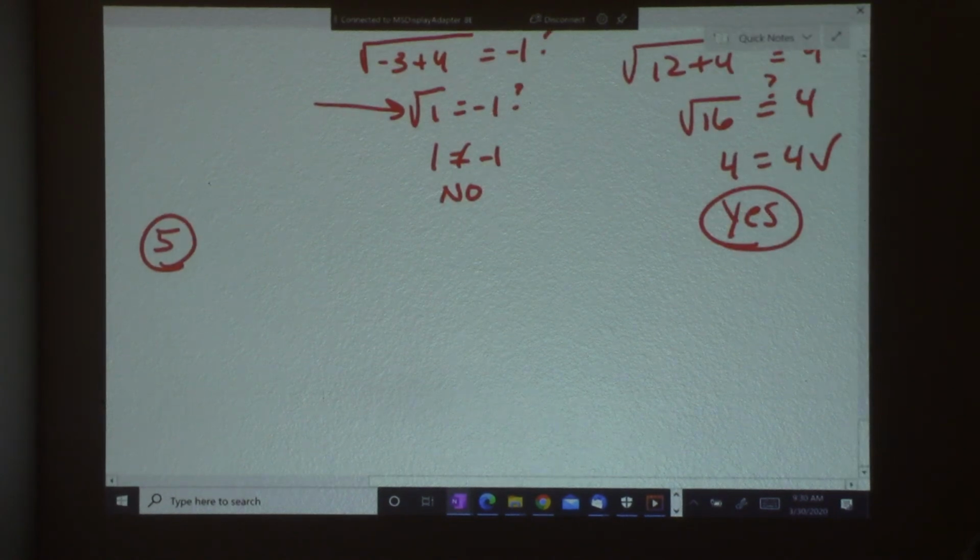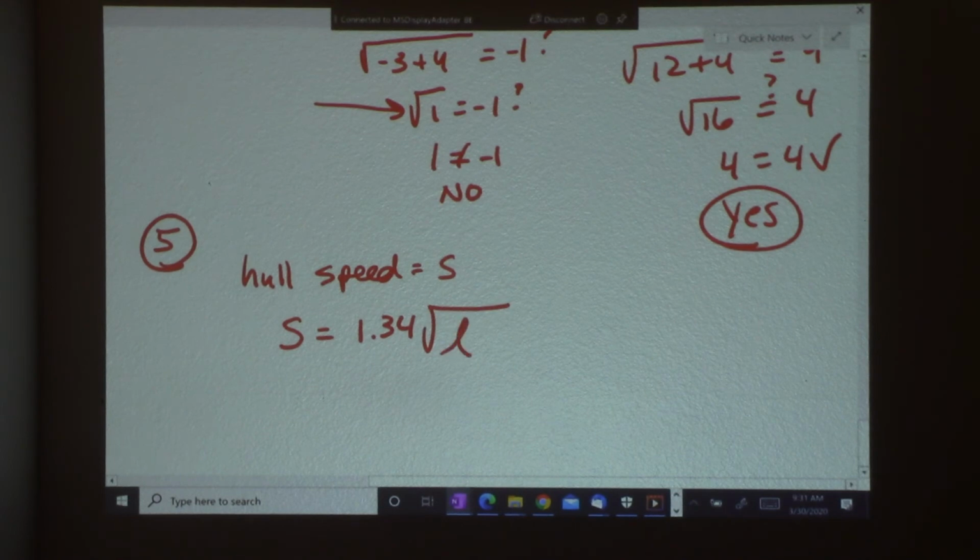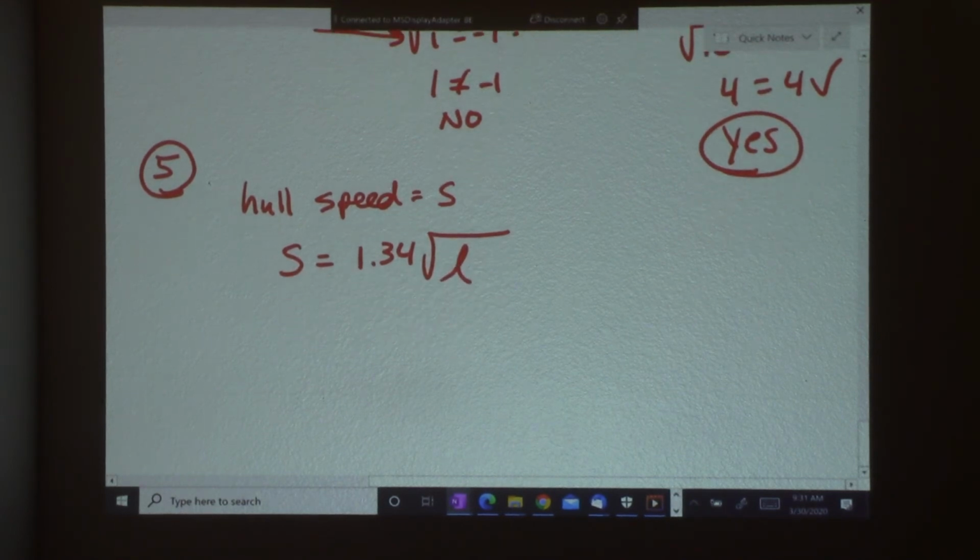Let's go back and write down what was important. The hull speed is S, and S equals 1.34 times the square root of L. And they tell us that L is the length of the water line.